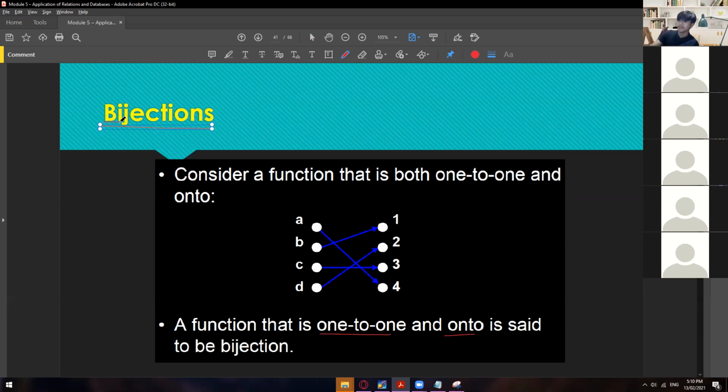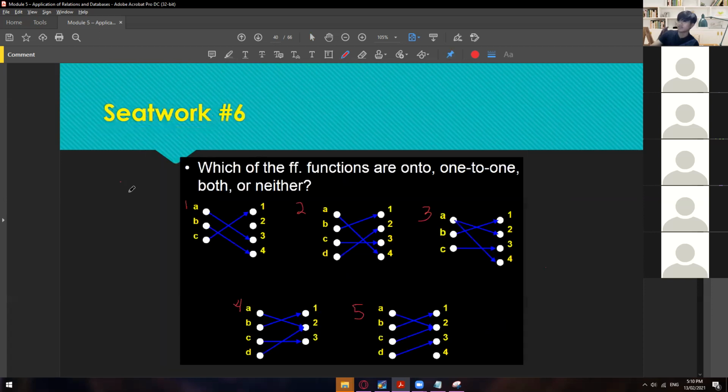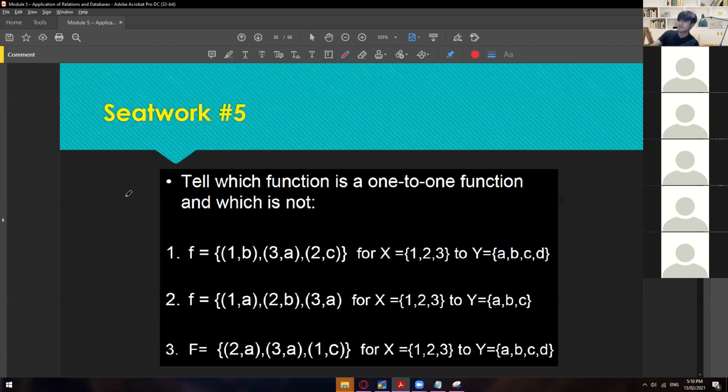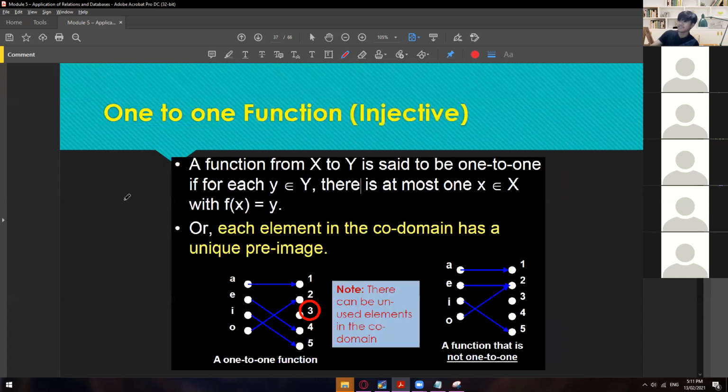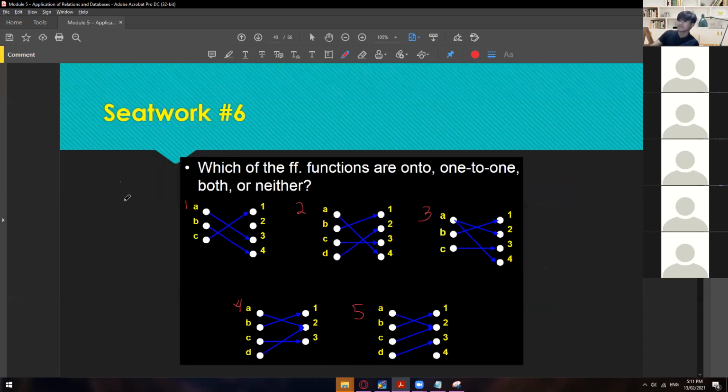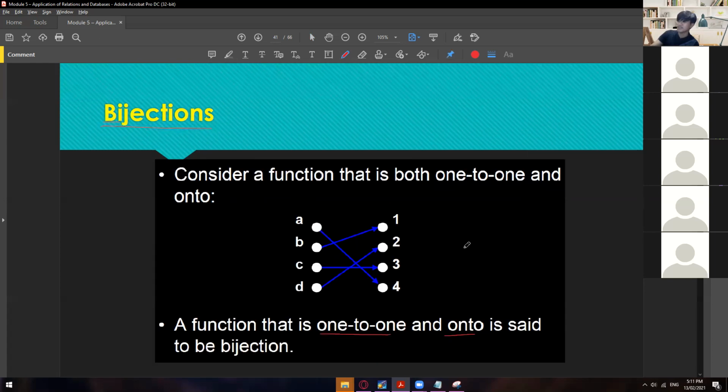From the word bi, we have the surjection and then the injection. Is that injection? Surjective and injective, not injection. Anyway, do you guys understand this one, bijections? 50%, sir. 50%?